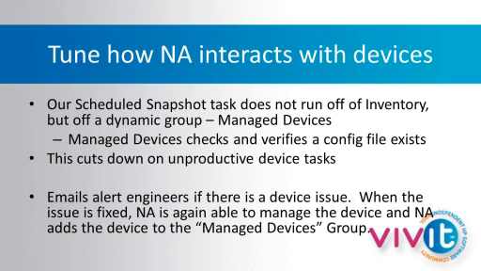Once they fix the issue, network automation is going to pick up on that syslog message that comes in. It's going to run that snapshot task. It'll work, and then the config will be captured. That capturing of the config is going to trigger that dynamic group to recalculate, and therefore this device will be added into the managed devices list. So routine tasks will then run, and it really cuts down on unproductive device tasks.